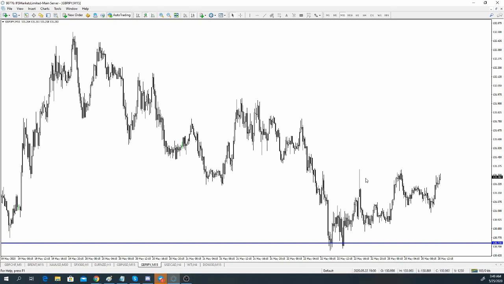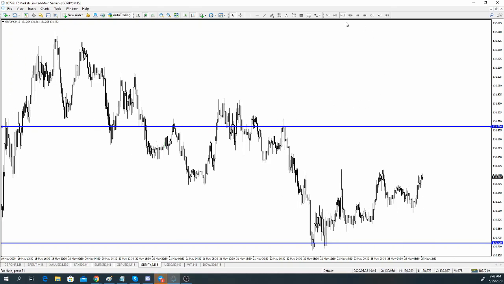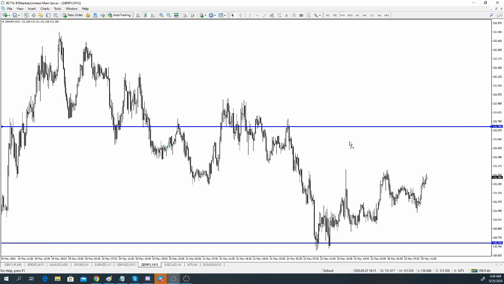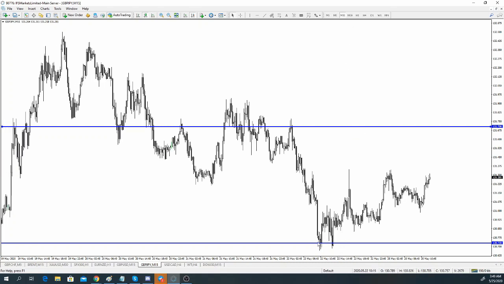So right now I'm going to be looking at some levels that might be tradable on the pound versus the yen. Right now we have the pound versus the yen rising, right? We have a bullish move going on from these lows. So I'm going to be grabbing this level as a level of support.